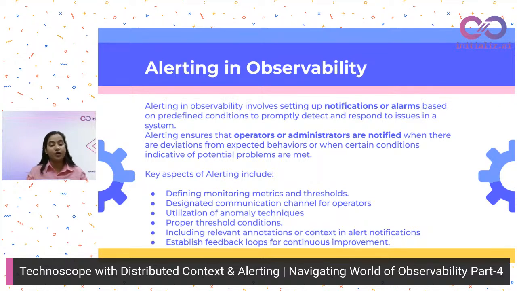If you remember, we talked about RED metrics. Here we use them, and you also have to define thresholds for these metrics to determine when the system is behaving abnormally. So it is always, prevention is better than cure.